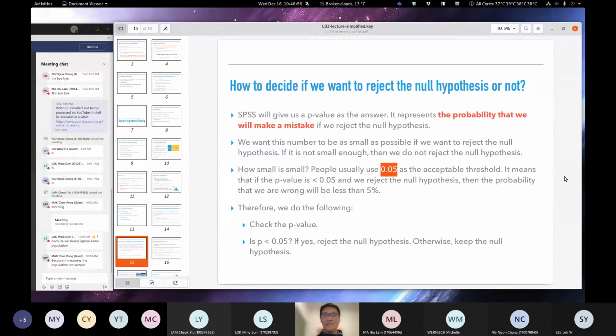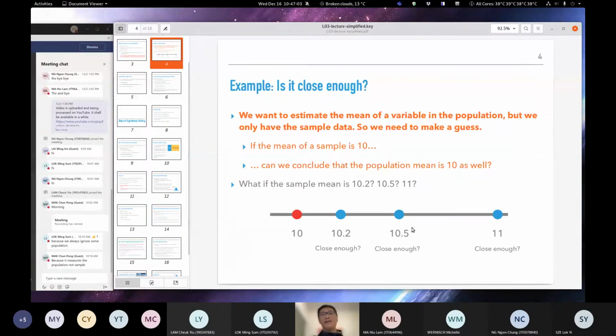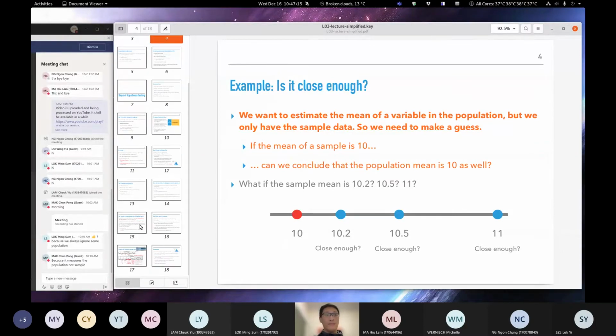Okay, that is the principle behind the p-value. So if you come to here, it means that people draw some boundary here so that the probability of making a mistake will be less than 5%. Okay, that is how we draw the boundary.